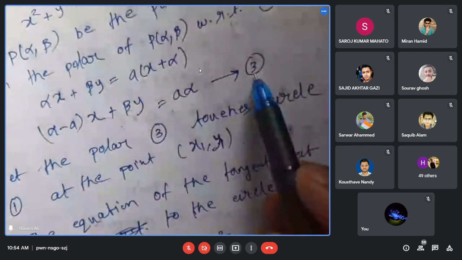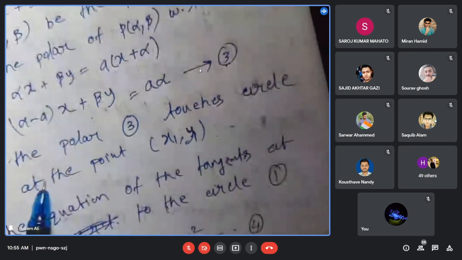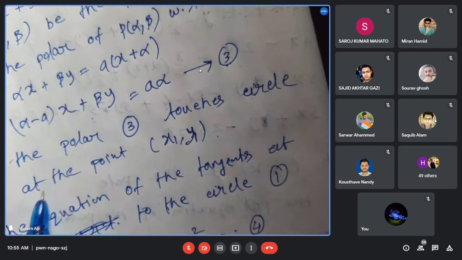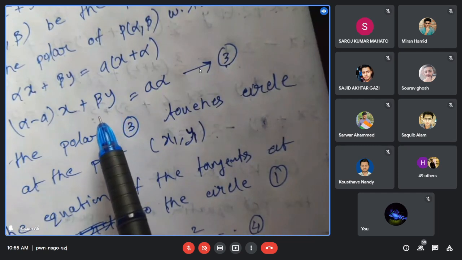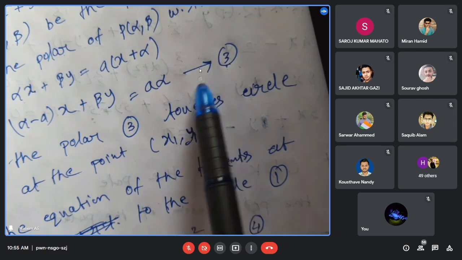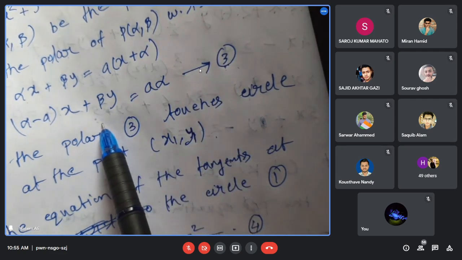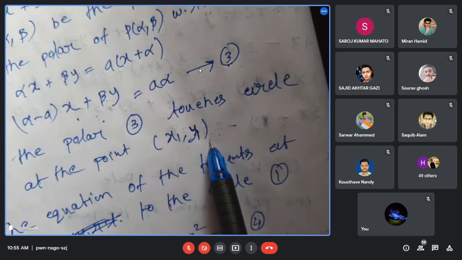Also the equation 3 touches the circle, because we assume that. So equation 3 is also a tangent to the circle at this point x1 y1.